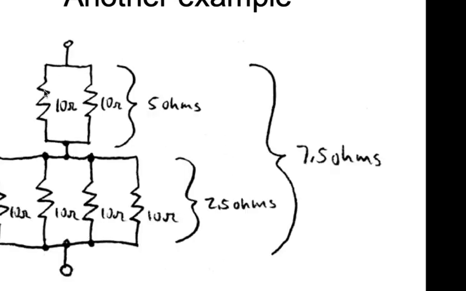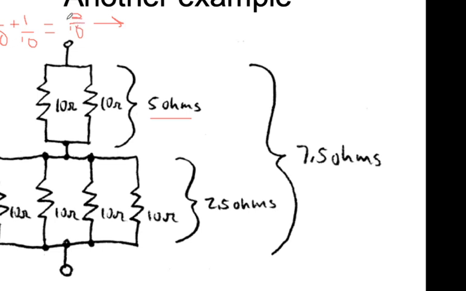Even more complicated, here we have 2 10 ohm resistors. If we do the math for that, 1 over R is equal to 1 over 10 plus 1 over 10, which becomes 2 over 10. If we find the reciprocal of 2 over 10, we get 10 over 2, which is equal to 5 ohms.